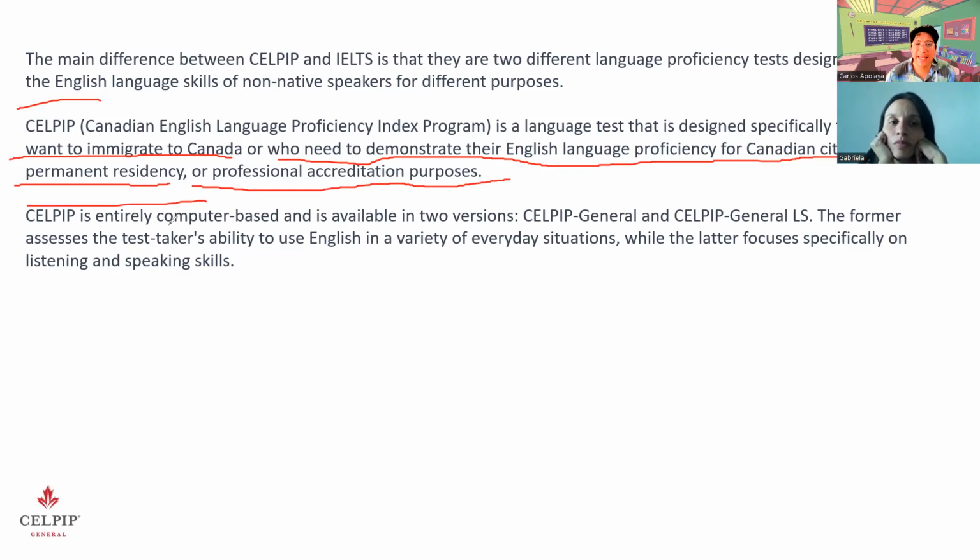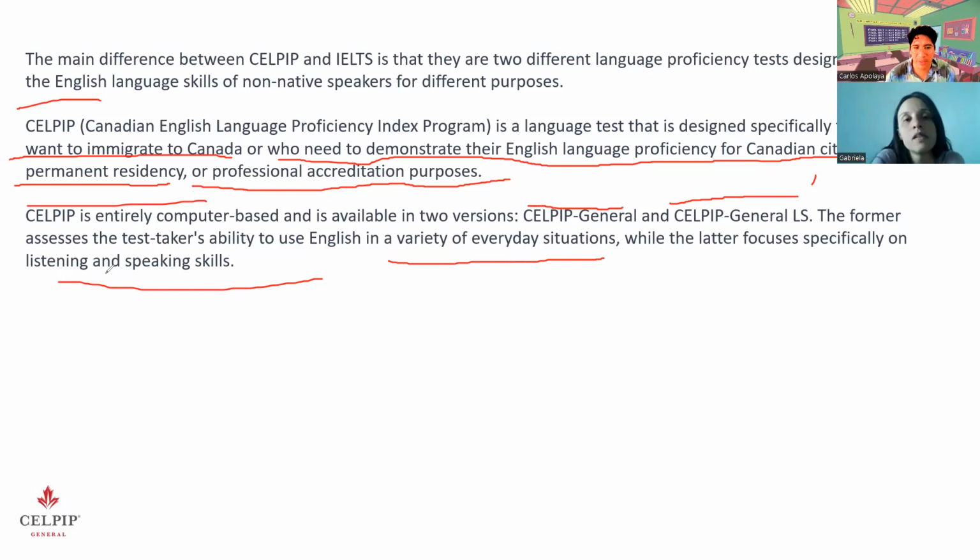The CELPIP is entirely computer-based and is available in two versions, the CELPIP General and the CELPIP General LS. The former assesses the test taker's ability to use English in every situation, while the latter focuses specifically on listening and speaking. Entonces, para obtener residencia o ciudadanía, tendrás que tomar los exámenes de CELPIP.